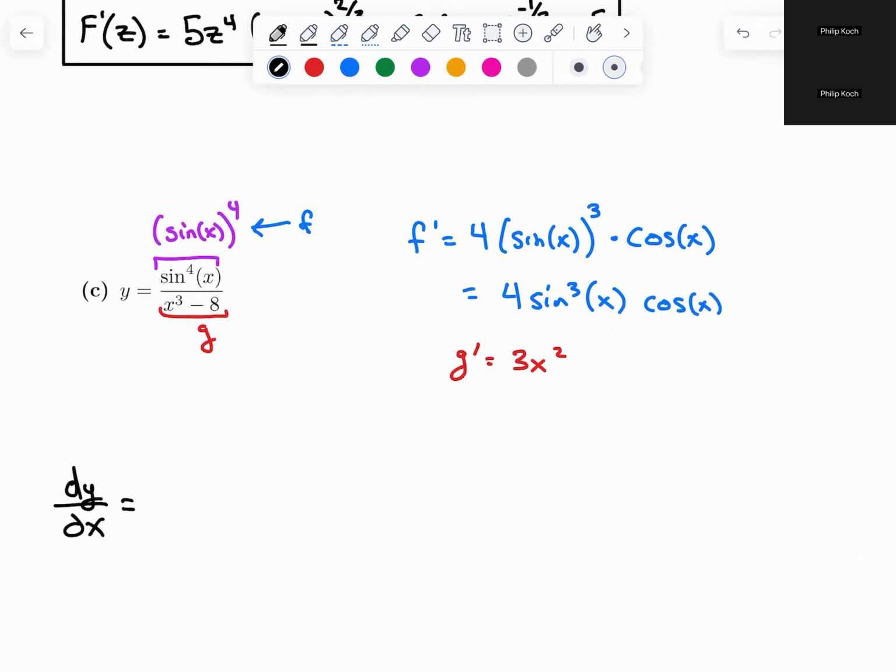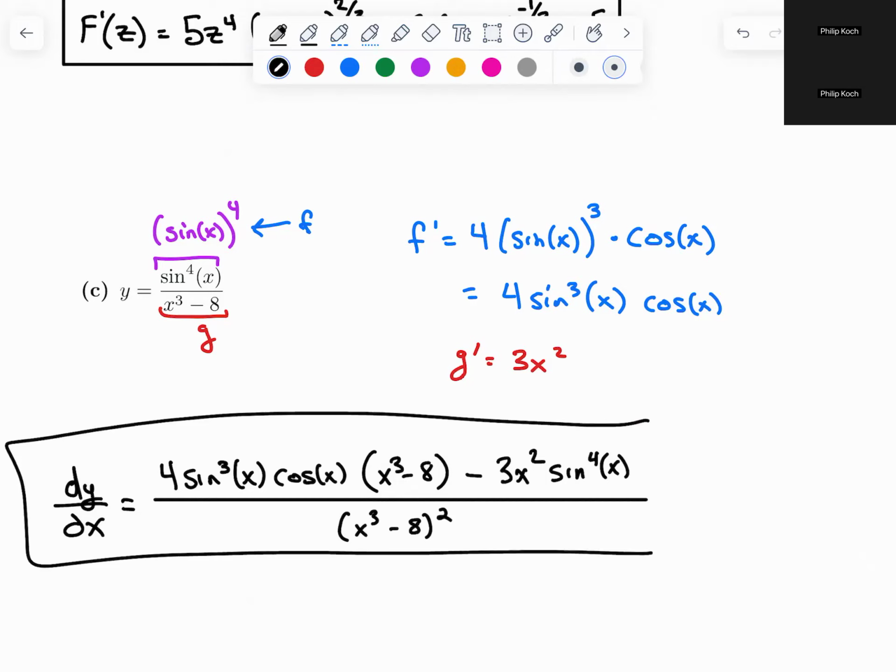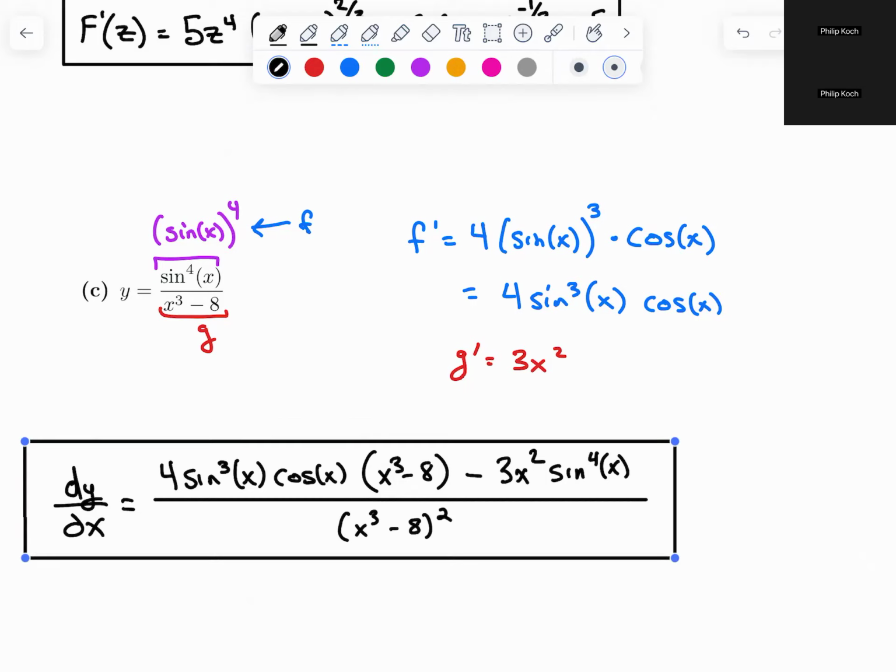So f prime was 4 sine cubed of x cosine of x times g, which is x cubed minus 8, minus g prime, which is 3x squared, times f, which is sine to the 4th of x, all divided by g squared. So x cubed minus 8 squared. And there we have it.